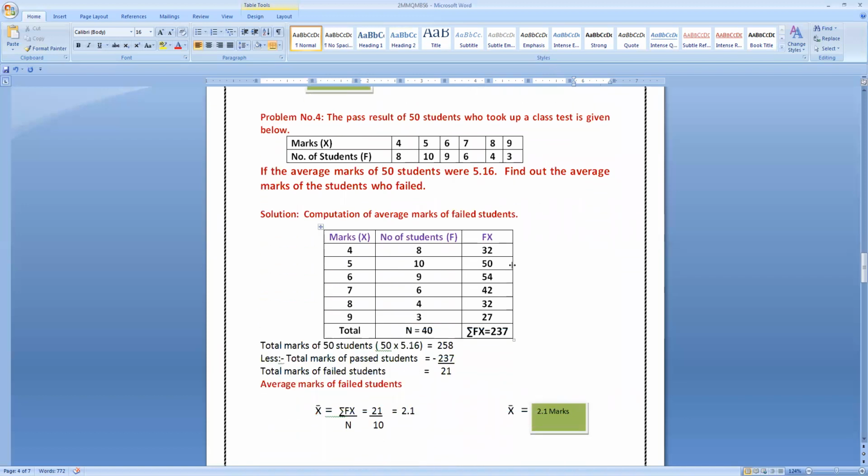Let us see the fourth question here. The past results of 50 students who took a class test are given below, and the variable values are given: 4, 5, 6, 7, 8, 9.